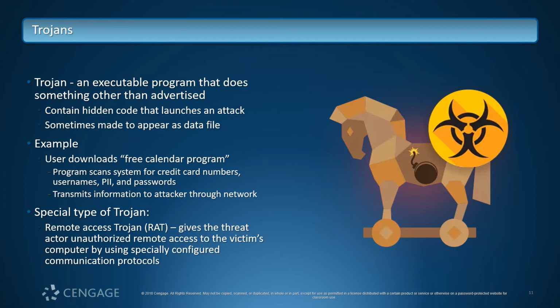A special type of Trojan you may run into is called a RAT, or Remote Access Trojan. This is going to give a threat actor unauthorized remote access to your computer, usually by modifying things on either the FTP or RDP protocol sets. So that would be either file transfer or remote desktop protocol.